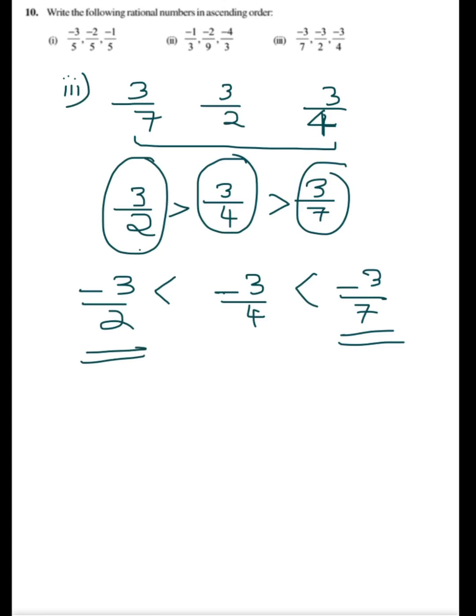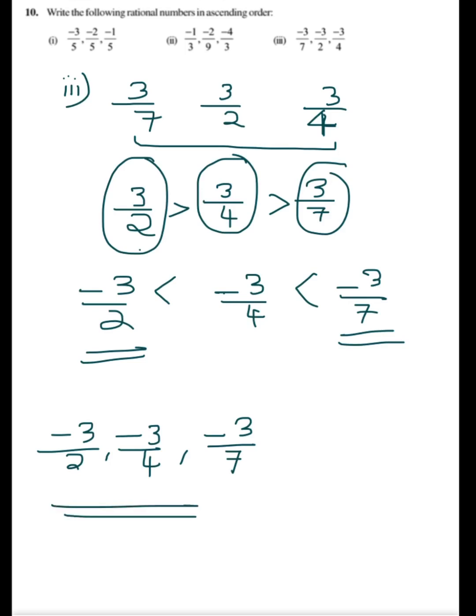So if you are asked to write it in ascending order, you have to write the smaller number first, that is minus 3 by 2, and the next will be minus 3 by 4, and the next will be minus 3 by 7. So this is the answer for this question. Okay, minus 3 by 2, minus 3 by 4, and minus 3 by 7.